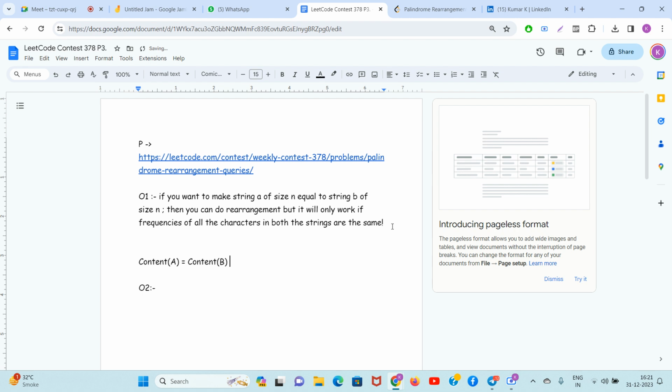It means that yes, I agree that A and B are not same, but if the frequency of all the characters in both of them is same, it means you can rearrange it somehow and get your job done. Got it, guys? If content of A is equal to content of B, internal content, then you can do any kind of restructuring, rearrangement, and finally those both strings will become equal.